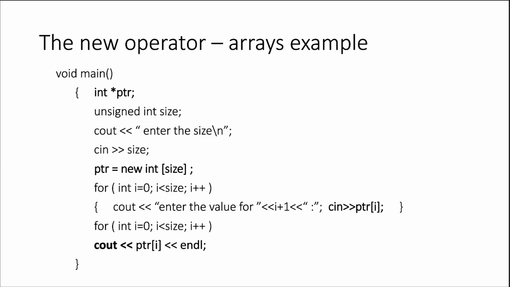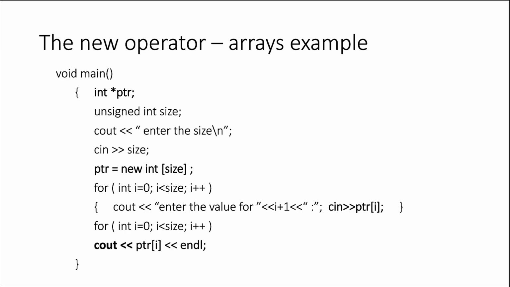Right. So another example of using new with an array. Just observe the program. We are doing nothing here, just a simple array of integers, and you are taking the values of those integers into the array. Enter the size.